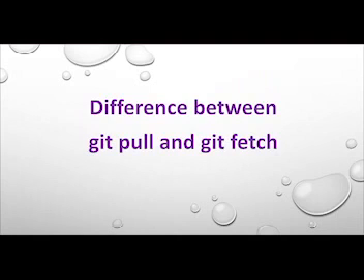Ideally, we do a git pull when I have already cloned the repository in my local and I want to get the latest changes. I can do a git pull or a git fetch. Let's say I am at a particular commit, commit number 1, and a number of commits have happened by a number of users.